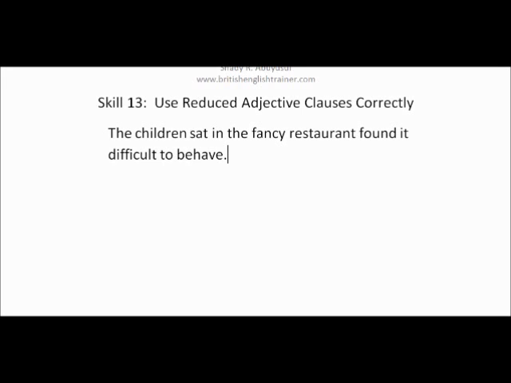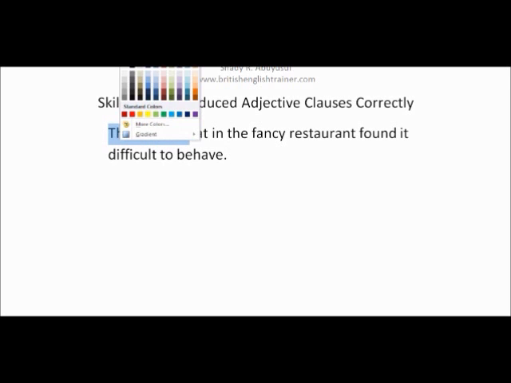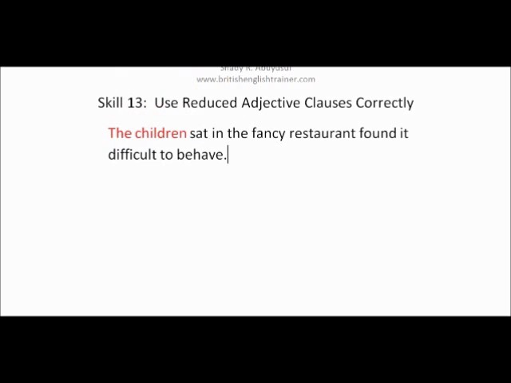The children. That's a subject. Great. And the verb sat. That's a verb. Let's give it the green color. So the children, subject, sat, verb. In the restaurant, found it. Well, that's another verb.